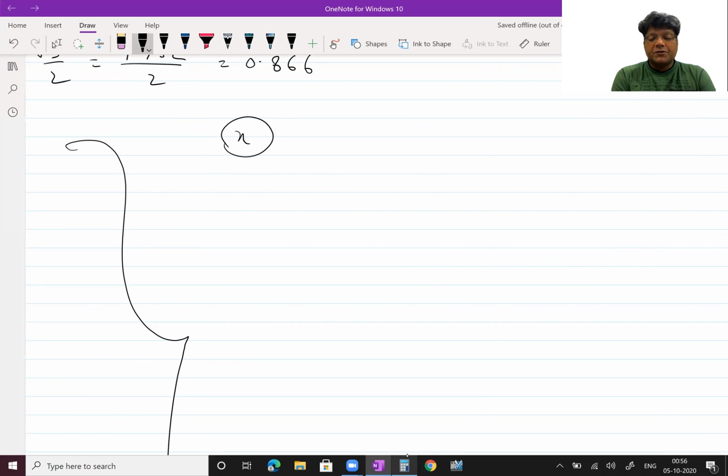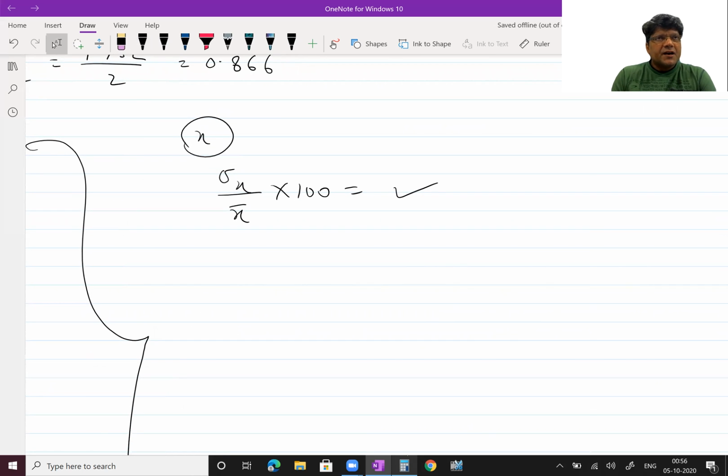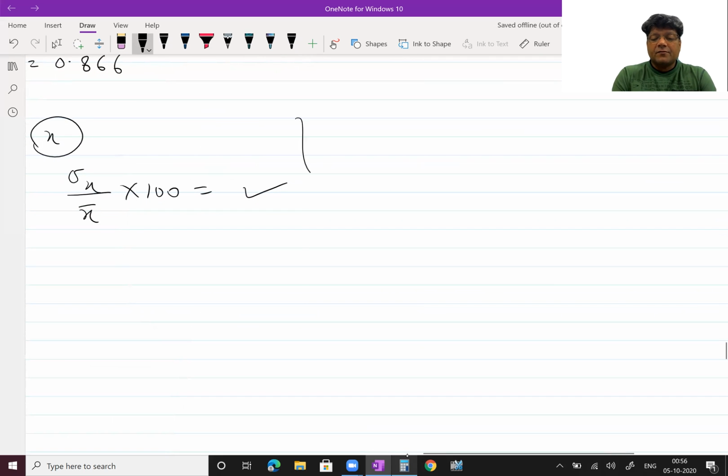So the original coefficient of variation formula is standard deviation by mean into 100. This is the original coefficient of variation. Now they are saying if you subtract 5 from the original observation, u is equal to x minus 5.